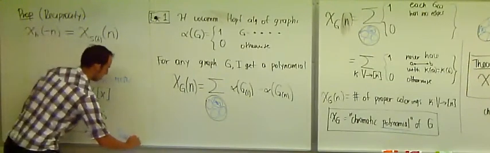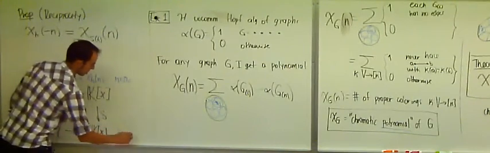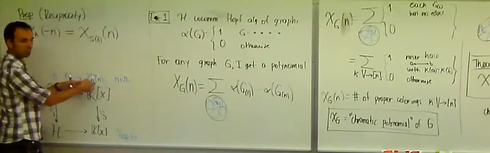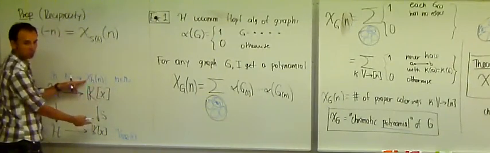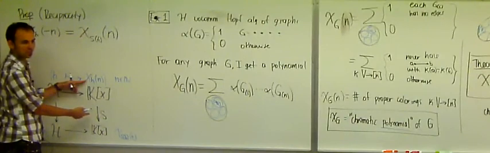That's what happens if we go in this direction. What happens if we go in this direction? You start with H, you go to chi of H, and then you apply the antipode of polynomials. Do you remember what the antipode of polynomials is? You can guess it.